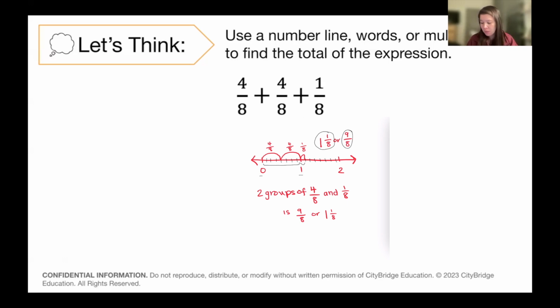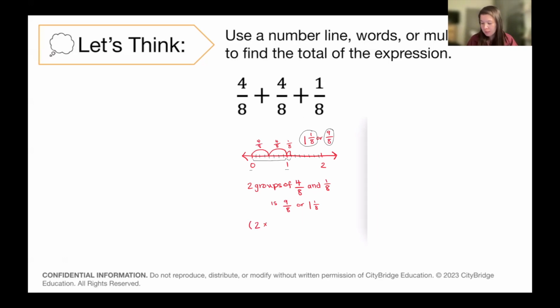So 2 groups of 4/8, those are our groups, and then plus 1 more 8. And look, when I solve the parentheses first, 2 groups of 4/8 is 8/8 plus 1/8 equals 9/8, or 1 whole and 1/8.